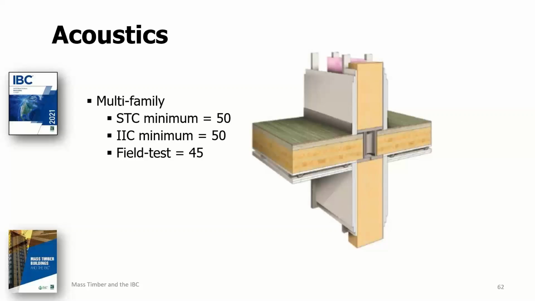It's a rating of 45 rather than 50. And of course, the reason for that is because that acknowledges the fact that with field tested assemblies, you're inevitably going to measure a little bit of flanking. And we'll talk a little bit more about flanking in a couple slides. So that'll introduce a little bit more sound transmission from the source to the receiving microphone in those field tests.